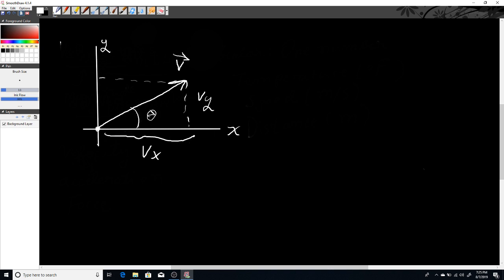With regards to this angle, the y component is the magnitude of the vector, which we can simply write as v, without an arrow because it's just the magnitude, times sine of theta. And the x component can be written as v, the magnitude, times cosine of theta.